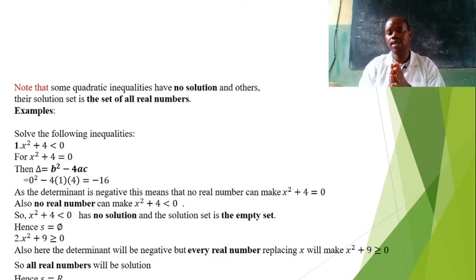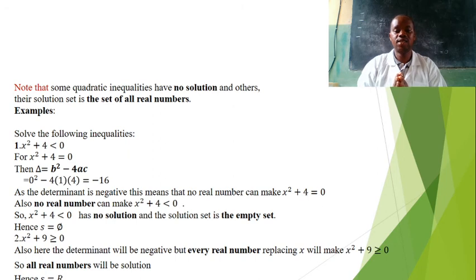Sometimes you can find that the left hand side cannot be factorized. For those who like to use the determinant in solving or factorizing, you will find that the determinant will be less than 0.